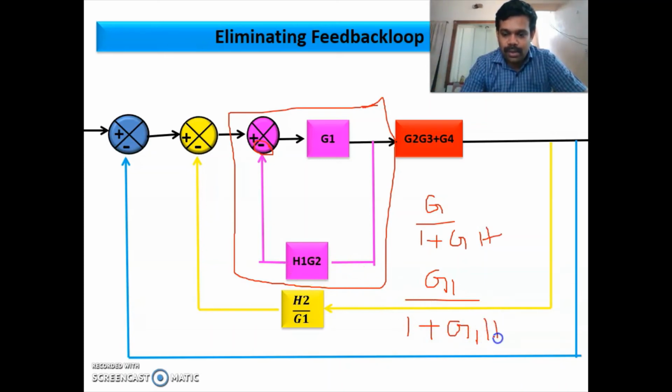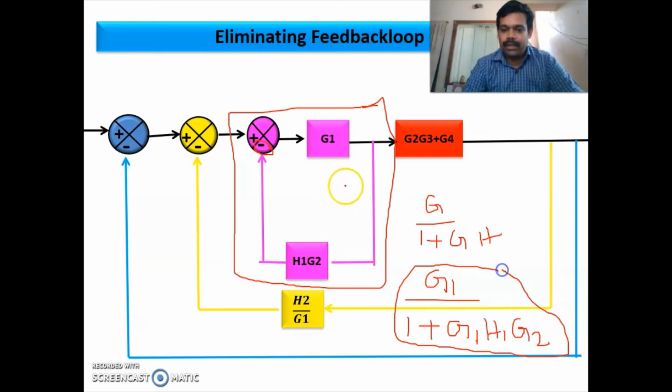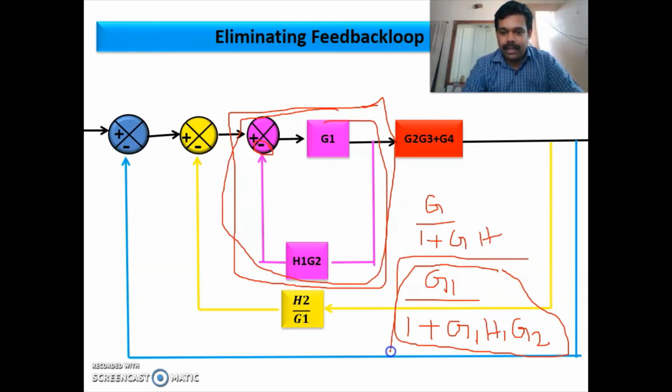So what you'll be getting is G1 divided by 1 plus G1 G2 H1. So this is nothing but the equivalent of this feedback loop. Instead of this feedback loop, we will be replacing it by a block having the transfer function or gain G1 divided by 1 plus G1 G2 into H1.